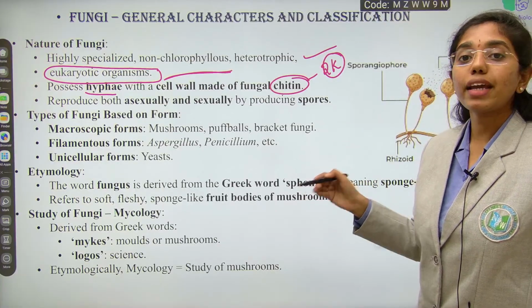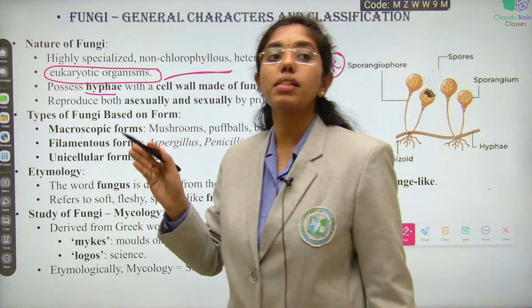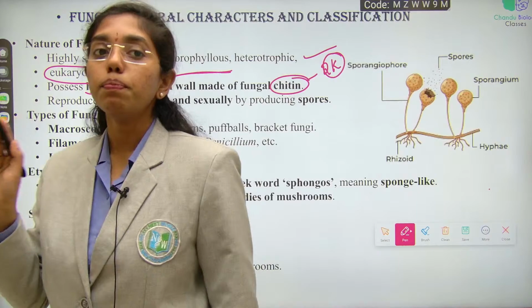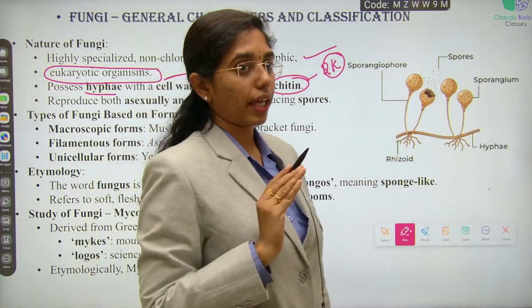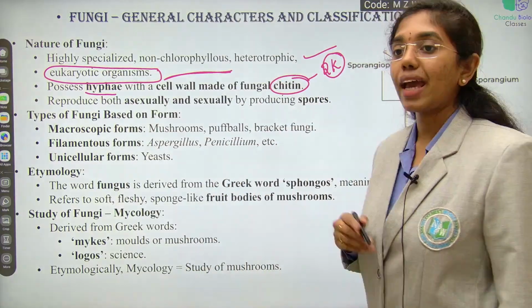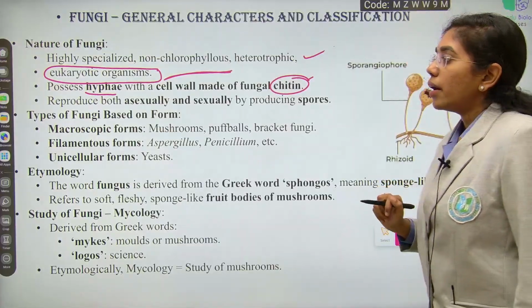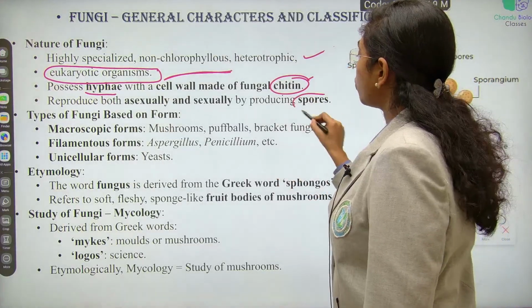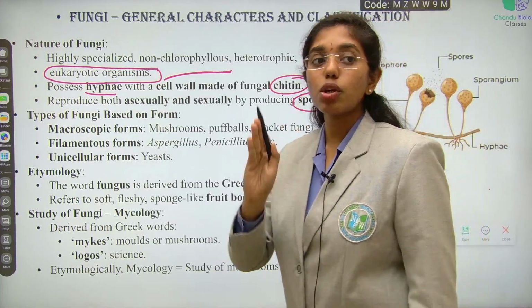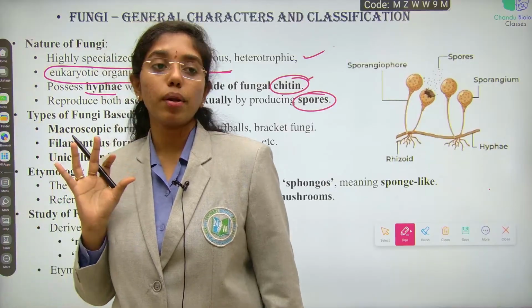Then under the five kingdom system of classification, when mode of nutrition is the major criterion, it is put into a separate kingdom by R.H. Whittaker. Remember this point. Reproduction is both asexual and sexual, and it is through spores. All the asexual and sexual spores and their mode of release you have to remember.